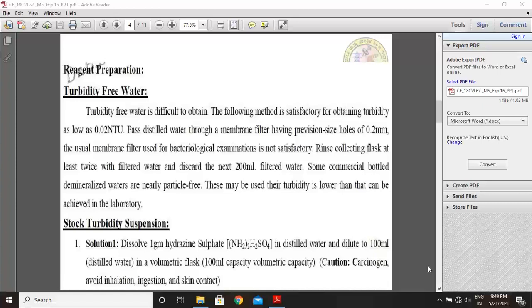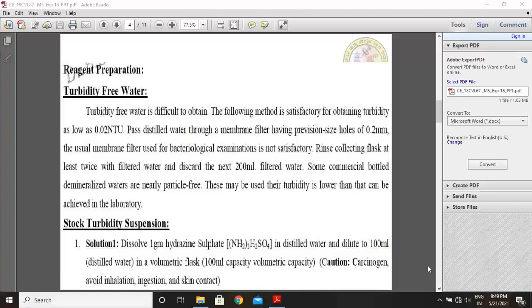Turbidity free water is difficult to obtain. The following method is satisfactory for obtaining turbidity as low as 0.02 NTU. Pass distilled water through a membrane filter having precision size holes of 0.2 micrometer. The usual membrane filter used for bacteriological examinations is not satisfactory.